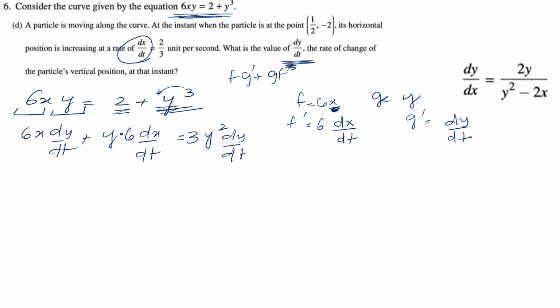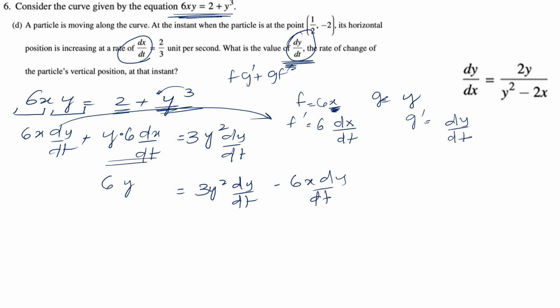Now since they are asking us to find dy by dt, bring all the dy by dt terms to one side. You will get 3y squared dy by dt minus 6x dy by dt. On the left hand side, we will be left with 6y dx by dt.